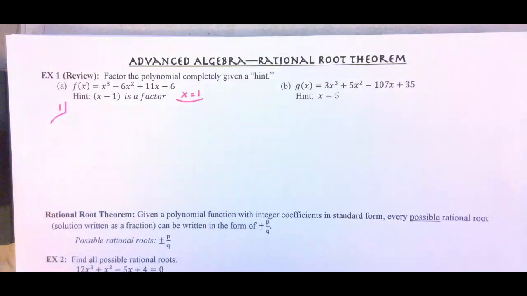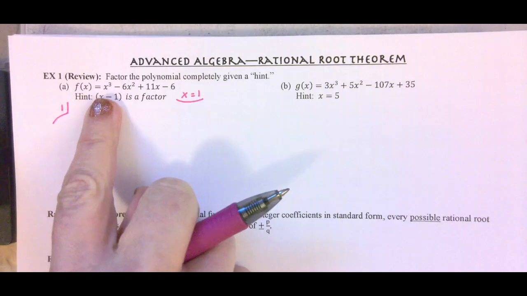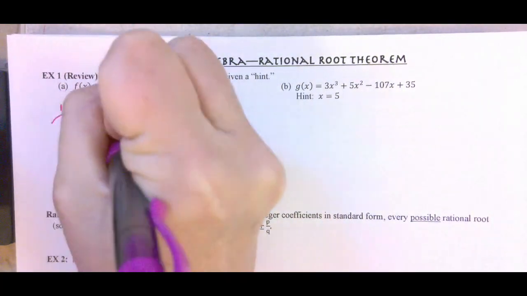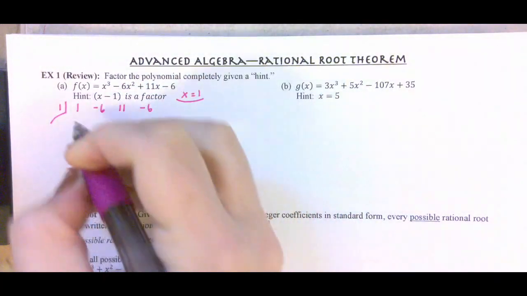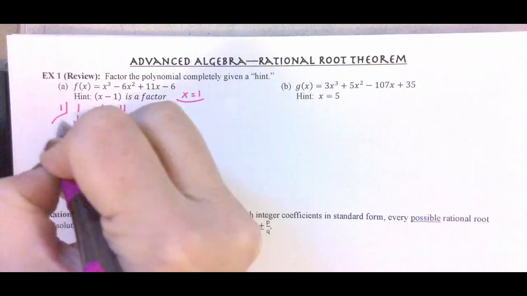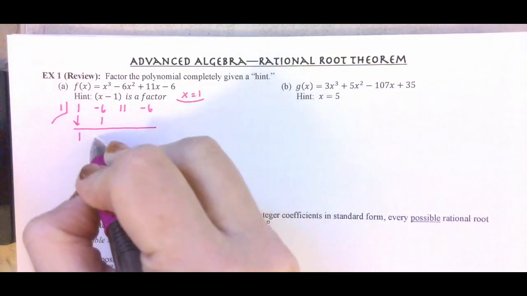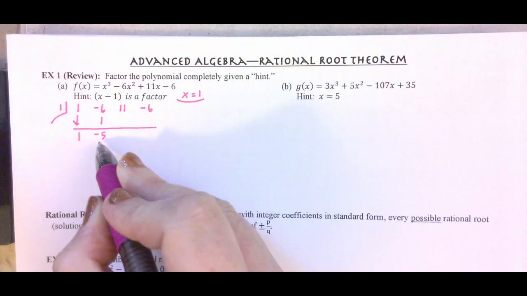So 1 is divided out, and then I transfer all of those coefficients. So I'm going to transfer the 1, negative 6, 11, and negative 6. Okay, bring down the 1 to start, multiply, add down, multiply that 1 and negative 5.